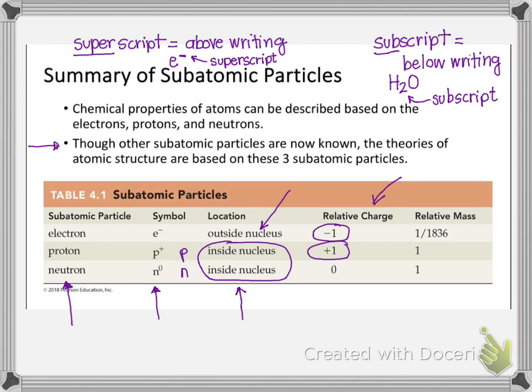And then their relative mass. Now the mass that they have given you, which I don't like that they don't tell you the unit, is in what we call an atomic mass unit, which can be abbreviated AMU.